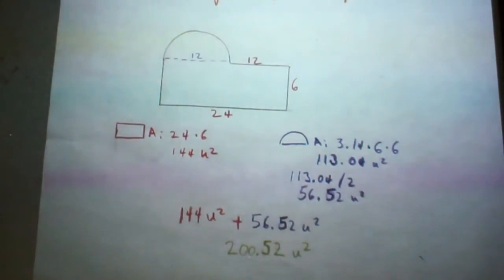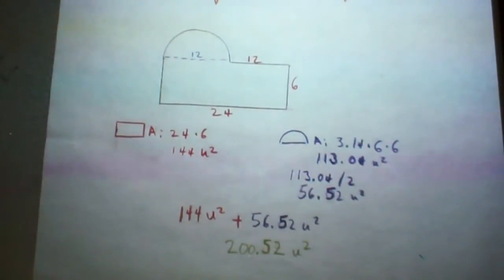And so now that I know the measure of my rectangle and I know the measure of my circle, I could put those together. But what I need to do first, since I only have half a circle, is take that 113.04 and divide that by 2, because I've only got a semicircle.